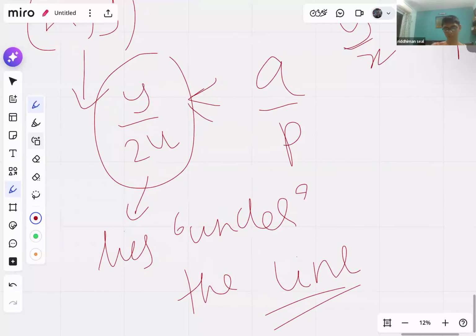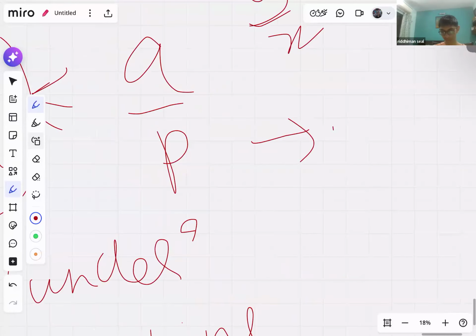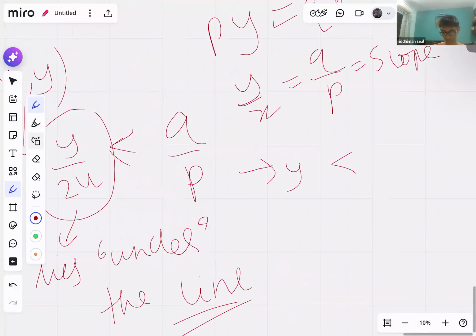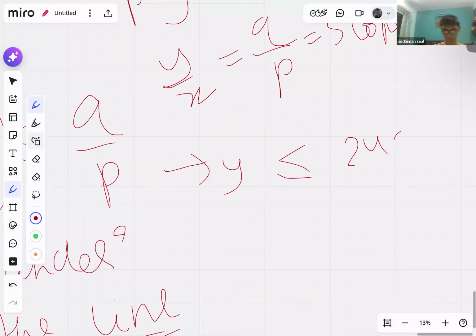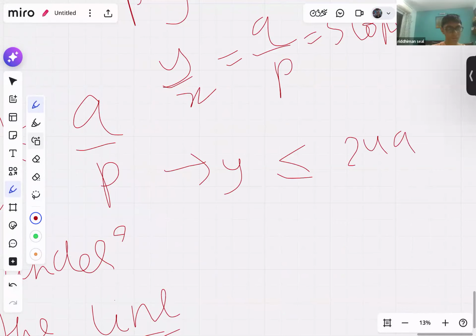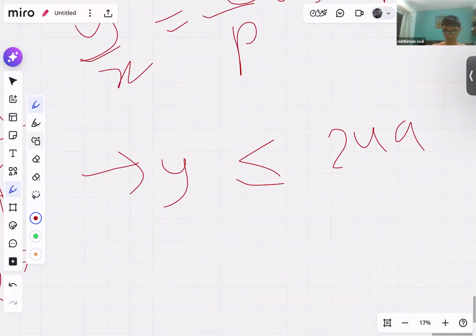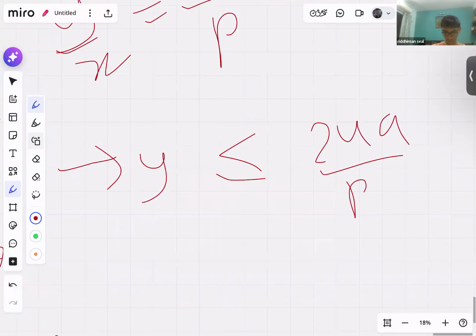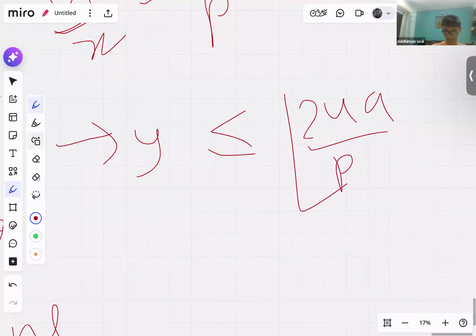So this just implies that y is less than or equal to 2u q by p. But y is an integer, so we take the floor.